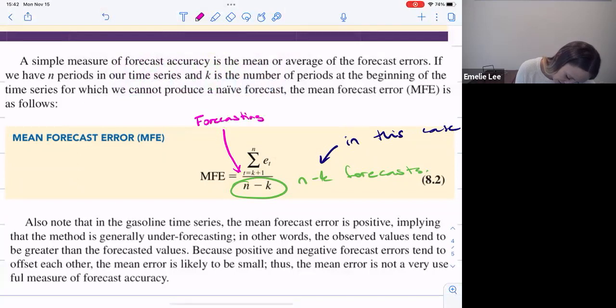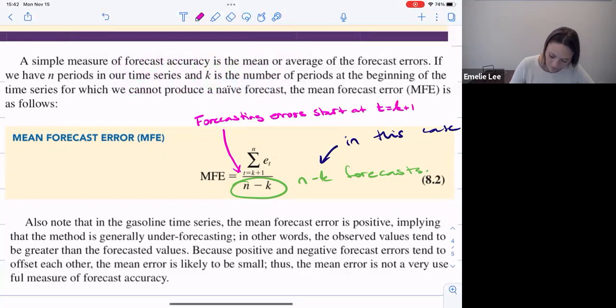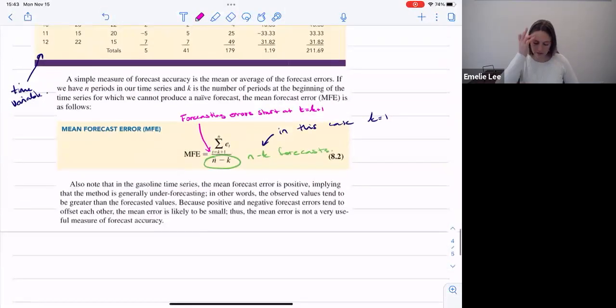Forecasting errors start at t equals k plus 1. Oops, that should be k. Then it just sums up the errors.